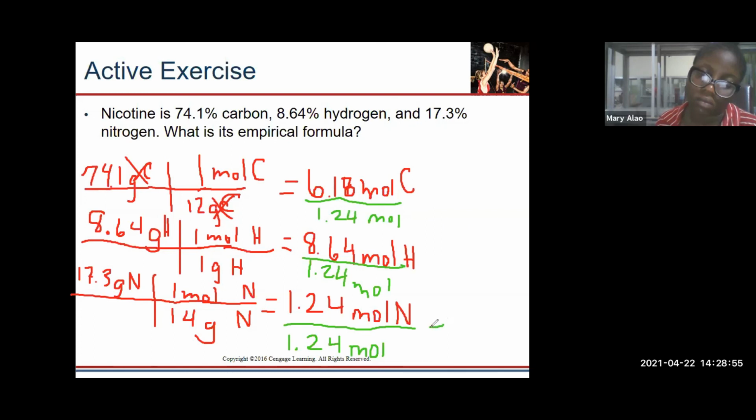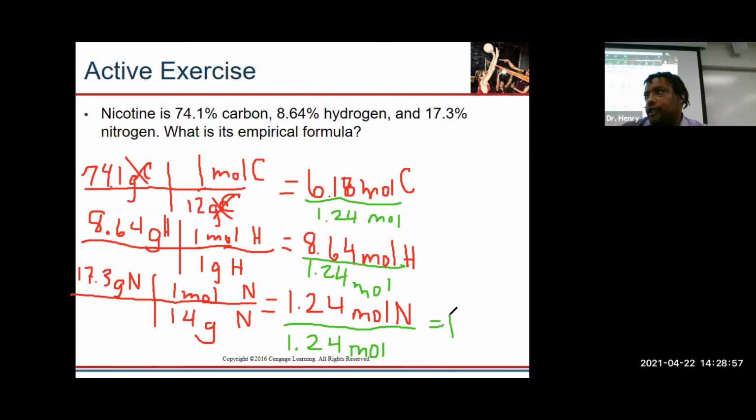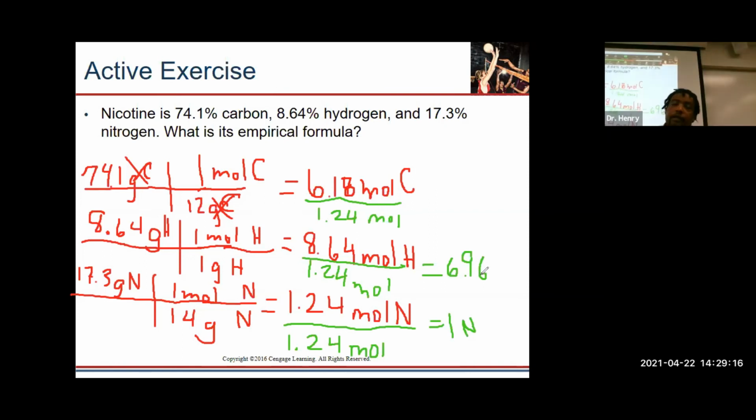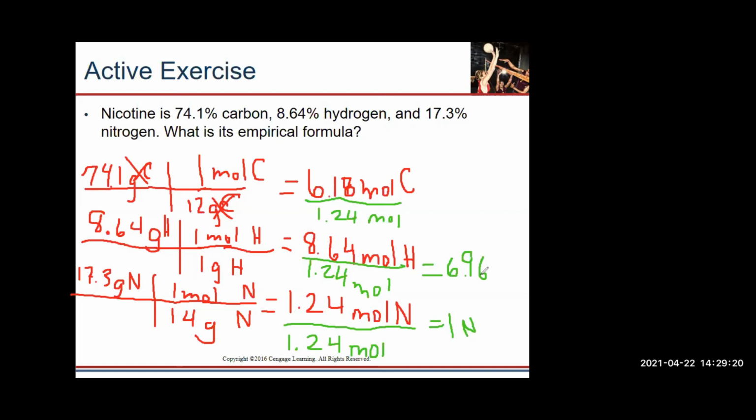Okay, this is an easy one. So that's 1 nitrogen. 8.64 divided by 1.24 is 6.97, or 6.96. Is that close enough to 7? Yeah, let's just roll with 7.